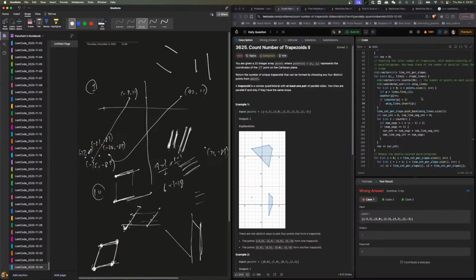Yeah, number of points. But I need to know the exact point. I know the exact point is gonna be this, and then on the other parallel line, I know the exact point.